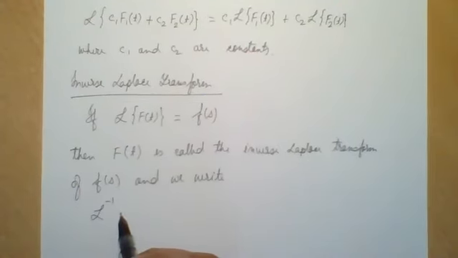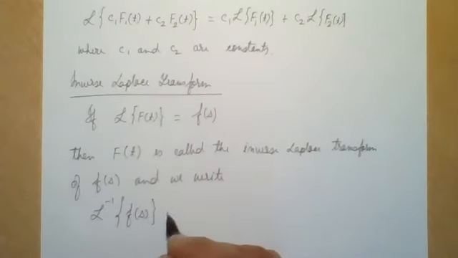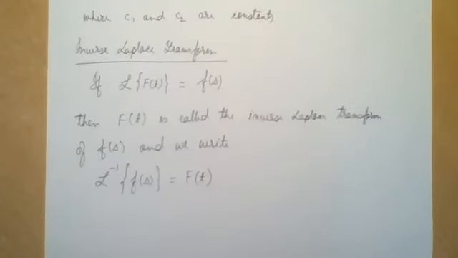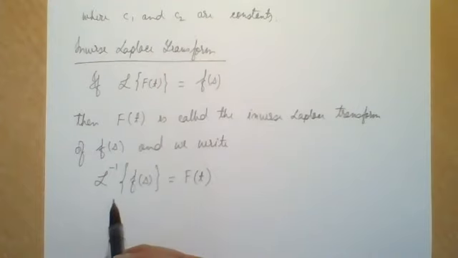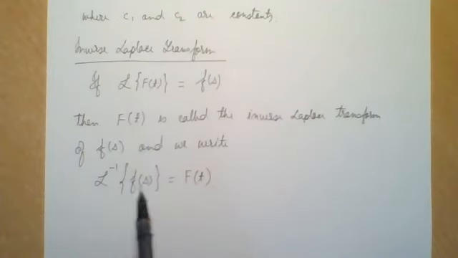This is called the inverse Laplace transform: the inverse Laplace transform of f of s is equal to capital F of t. This is the operator for the inverse Laplace transform. So if f of s is the Laplace transform of capital F of t, then the inverse Laplace transform of small f of s is capital F of t.